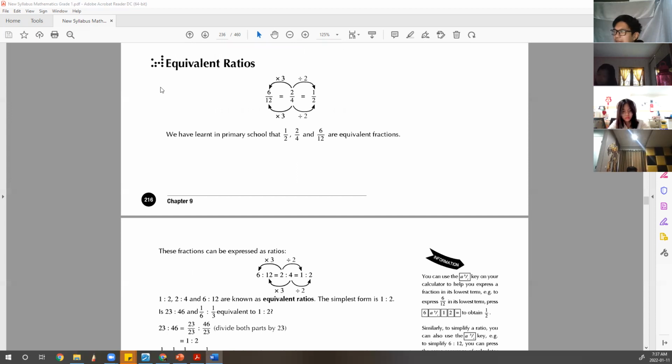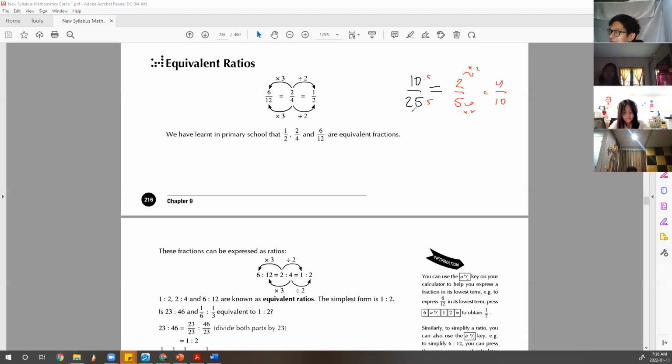Now we learn about equivalent ratio. What is equivalent ratio? Equivalent ratio is the same ratio anyway. For example, in primary school we learned that the fraction 1 over 2 is equal to 2 over 4, which is equal to 6 over 12. It's half, right? Similarly, 10 over 25, you divide both, is equal to 2 by 5, and also times 2, 4 by 10, right?